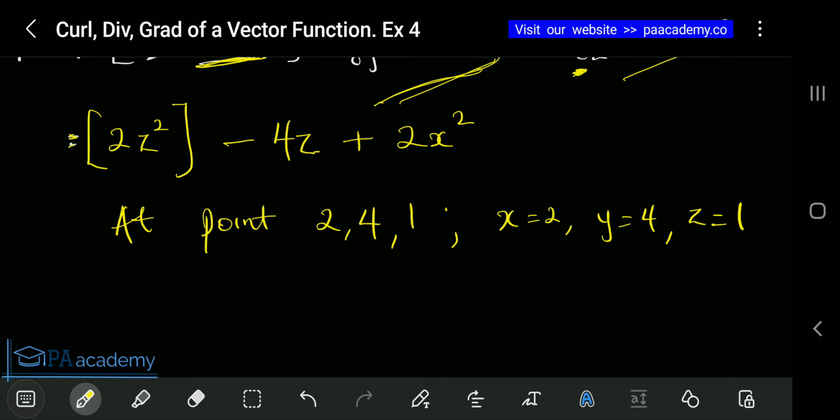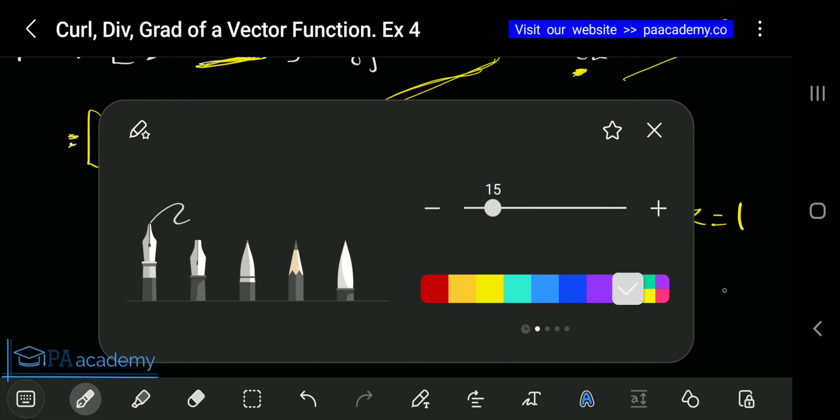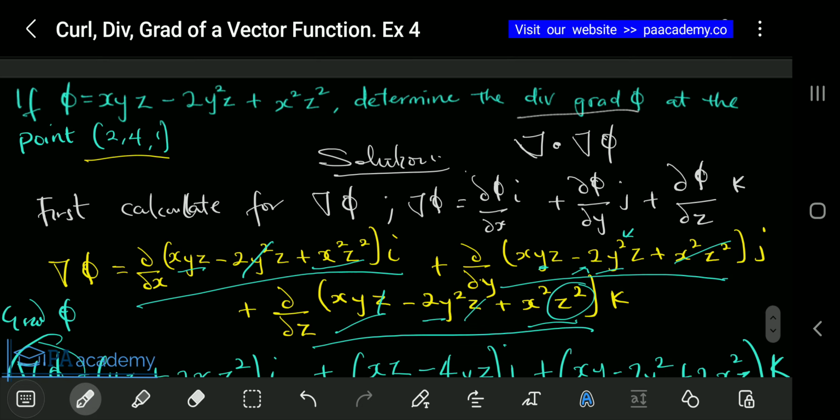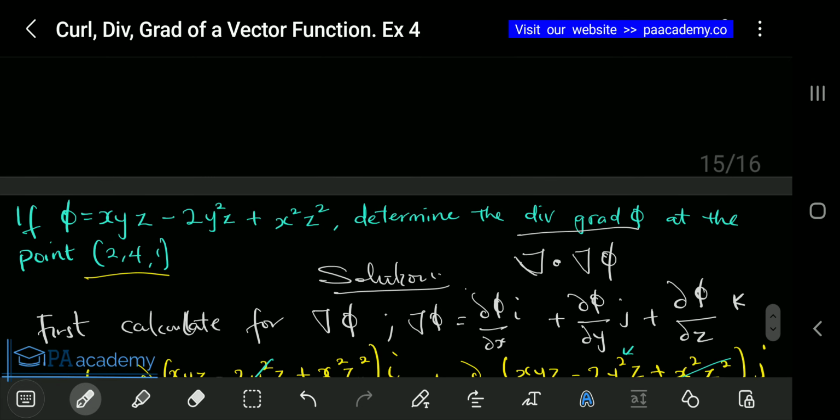Now, there's something I need to also explain at this point. When you are dealing with a question like this that has multiple functions, maybe you are dealing with grad, div and curl, and they tell you to determine whatever it is, for example, this one is like determine div grad phi at point (2, 4, 1), you put in the value of (2, 4, 1) at the end of the answer.